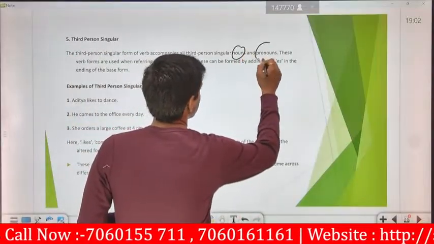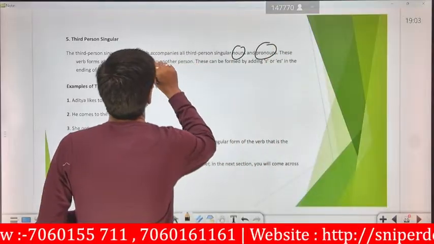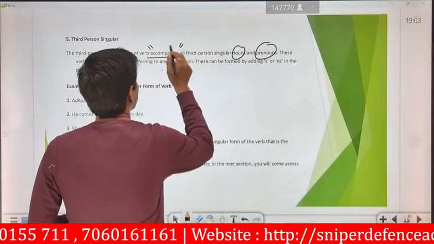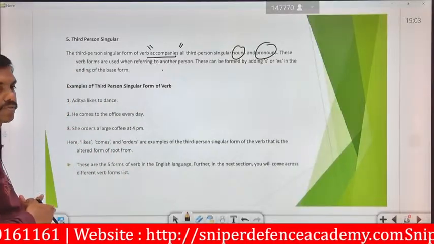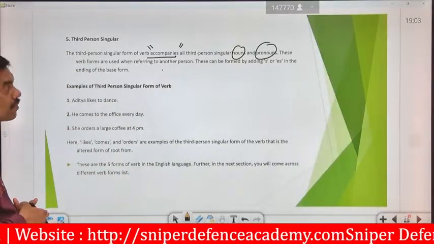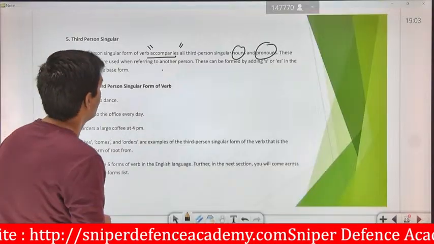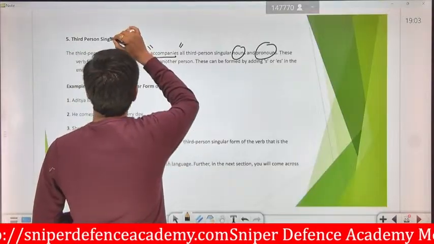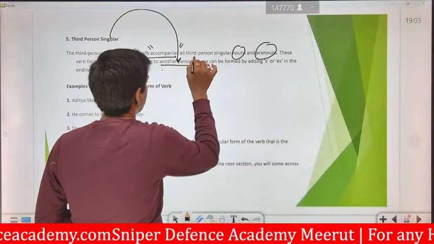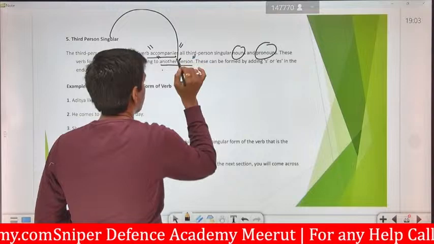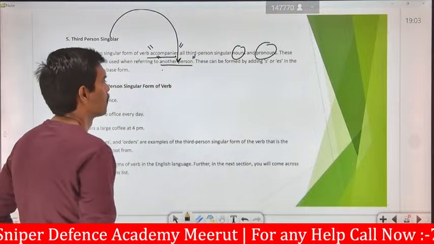These verb forms are used when referring to another person. Here we are going to talk only about the other person.